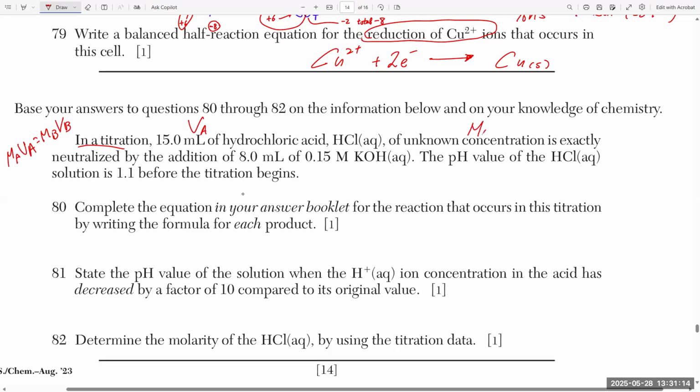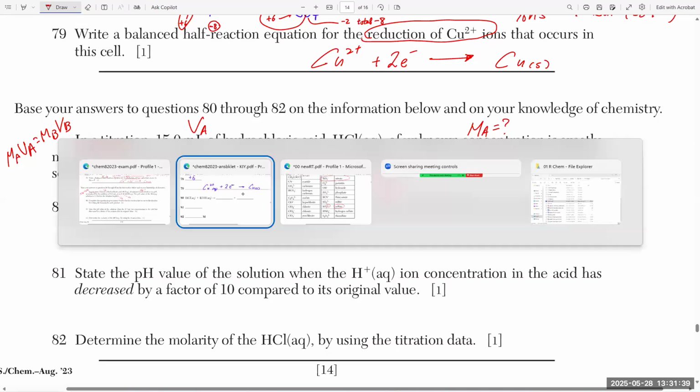It says we don't know the concentration. It is exactly neutralized by the addition of, what's that? That's volume of our base, KOH, and that's the molarity of the base. How much you want to bet they're going to make us calculate the titration? The pH value is 1.1 before the titration begins. Complete the equation in your answer booklet for the reaction that occurs in this titration by writing the formula of each product. All right, let's go.